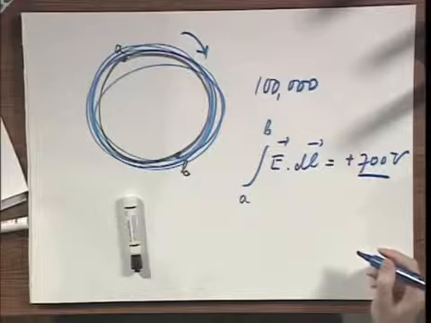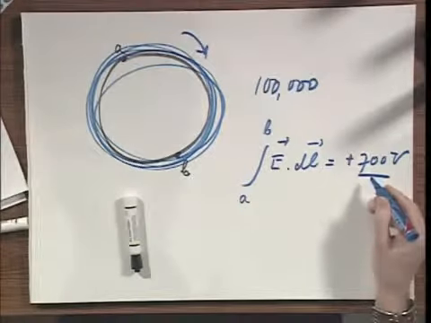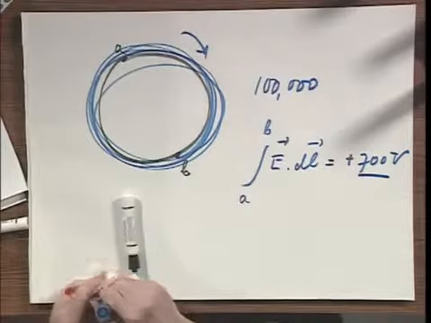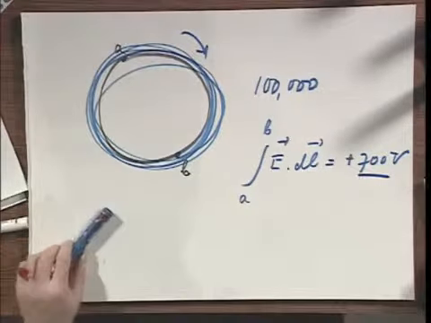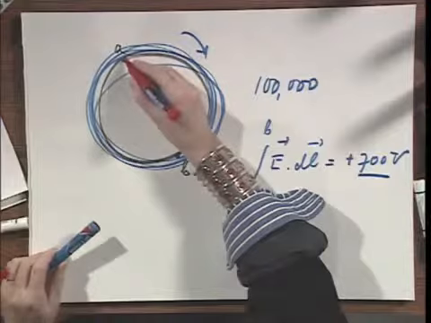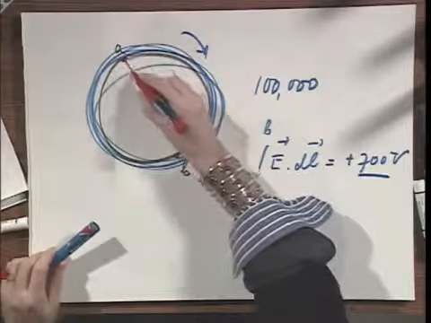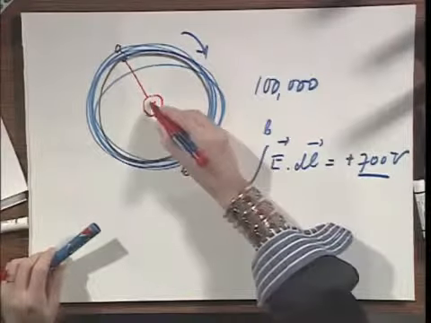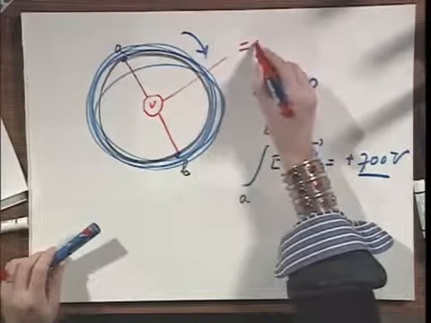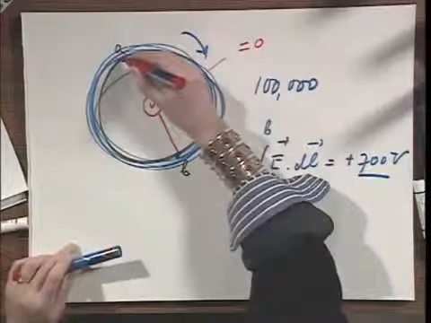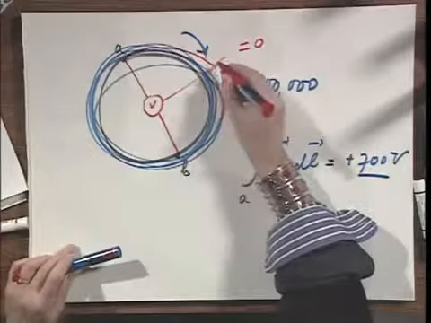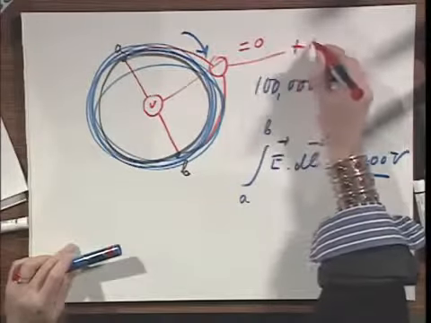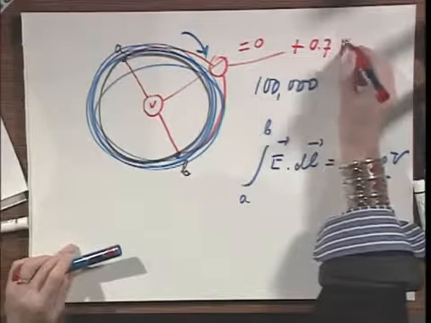Now, how real is this 700 volts? Can you actually measure these voltages? And the answer is yes. If, for instance, in my previous example, I had a wire here and I had a voltmeter here, straight through the middle, this voltmeter would read 0. If I had a wire here and a voltmeter here and attach it here, this voltmeter would read plus 0.7 millivolts.